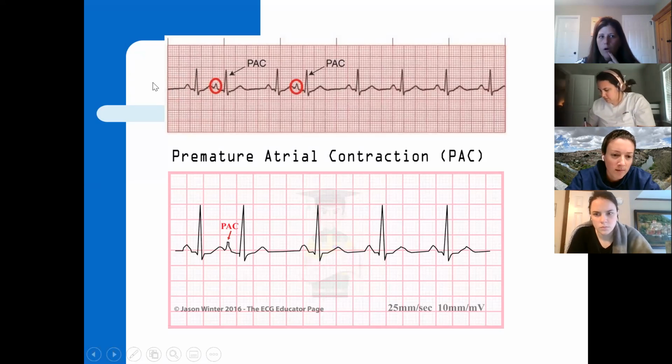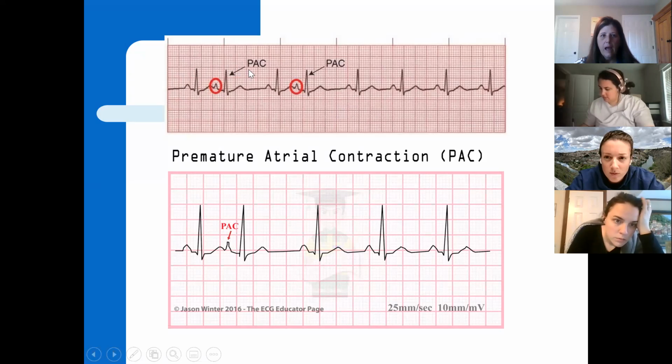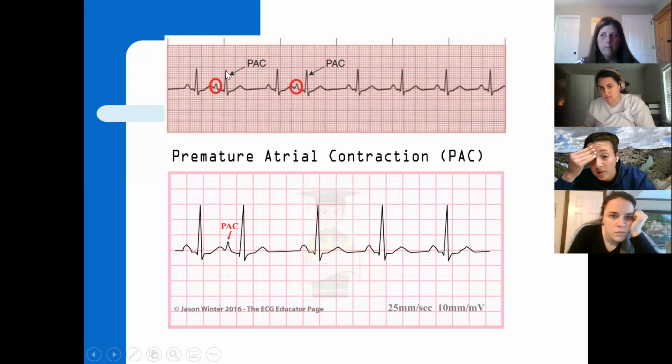But you would look at the R in the complex before the PAC. So this is the R prior to the PAC, correct? To the R in the complex after the PAC. And it would have to be equal to 2 times the R to R of the underlying rhythm.